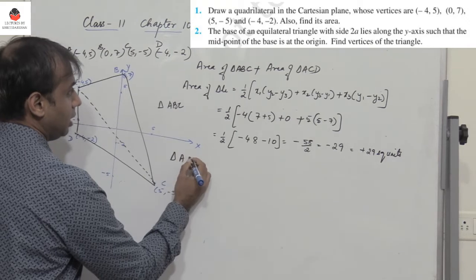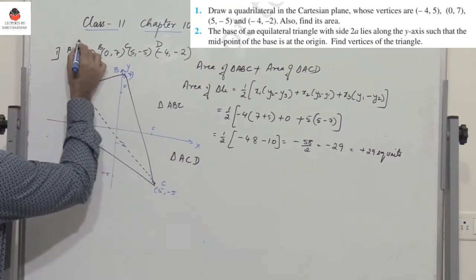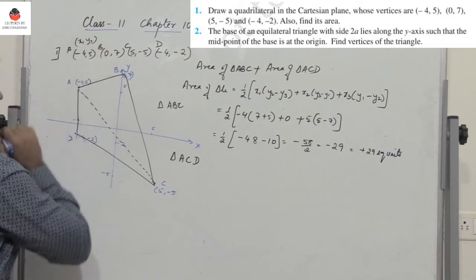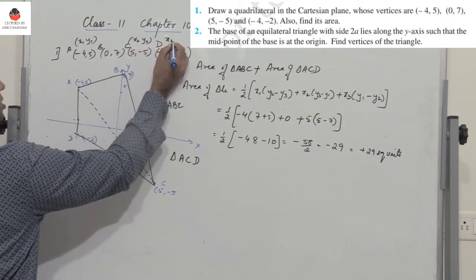Next, the area of triangle ACD. For the area of triangle ACD, this is going to be (x1, y1), that is point A. C is going to be (x2, y2), and then D is going to be (x3, y3).